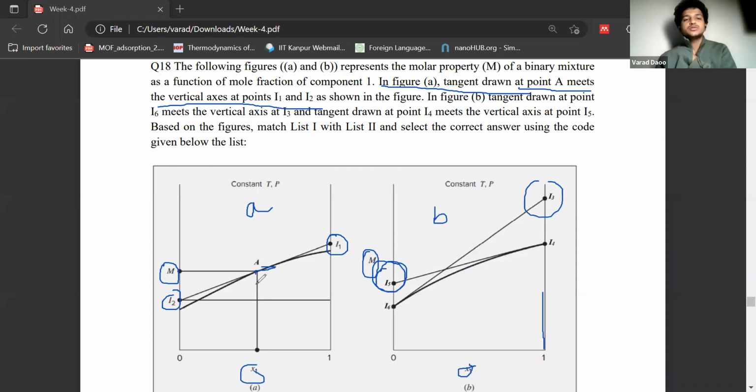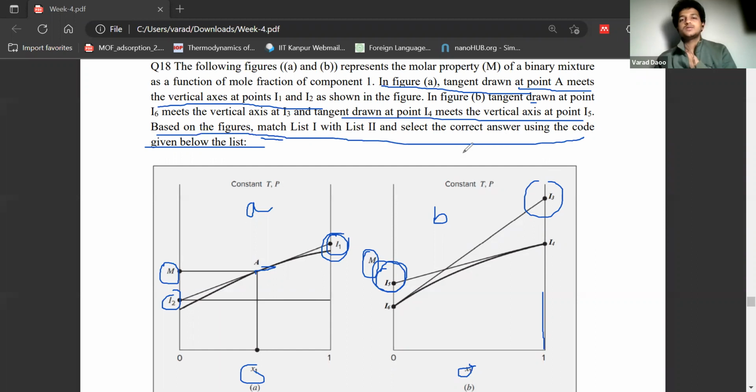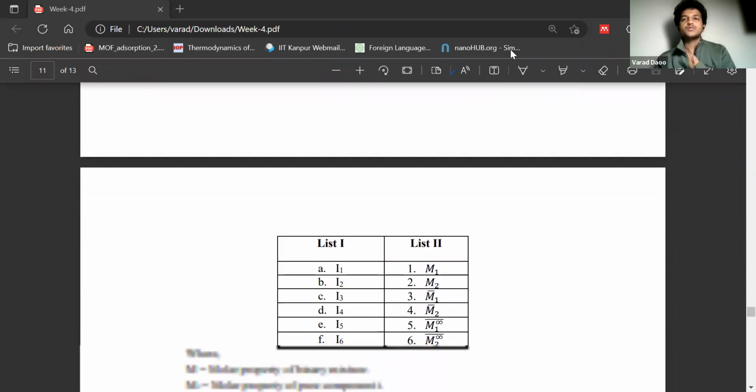So the question is all going to be about the relationship between I1, I2, I3, I4, I5, I6. With this information, based on the figures, we have to match these with the options and select the correct answer using the code given. What are we asked to find?